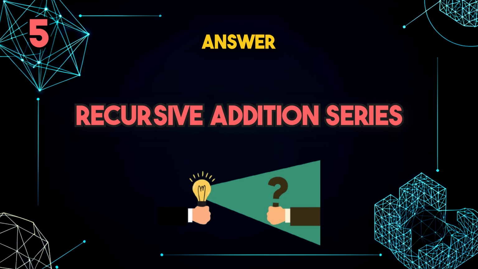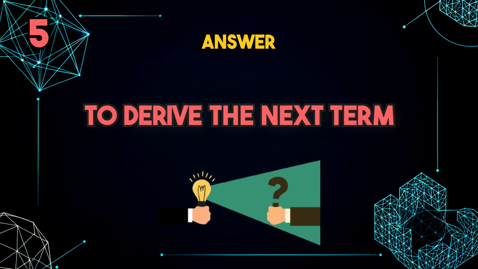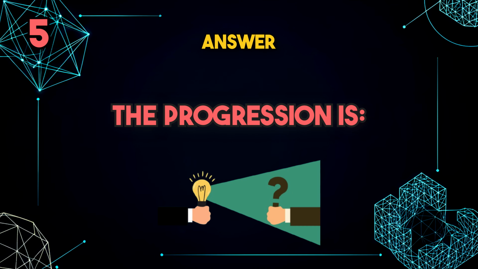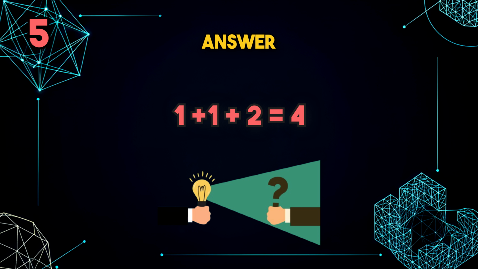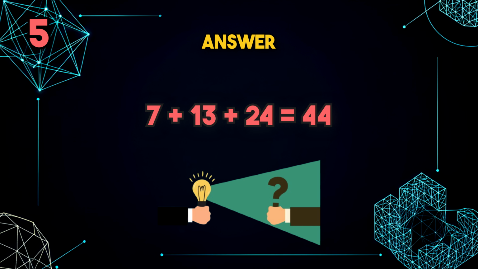This is a recursive addition series requiring the addition of the previous three terms to derive the next term, a Fibonacci-like sequence. The progression is 1 plus 1 plus 2 equals 4, 1 plus 2 plus 4 equals 7, 2 plus 4 plus 7 equals 13, 4 plus 7 plus 13 equals 24. Therefore, the final step is 7 plus 13 plus 24, which equals 44.